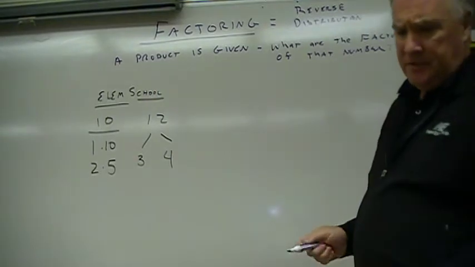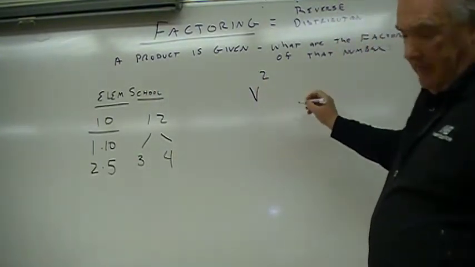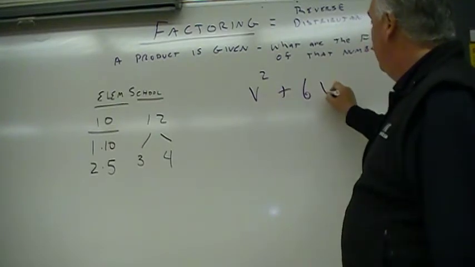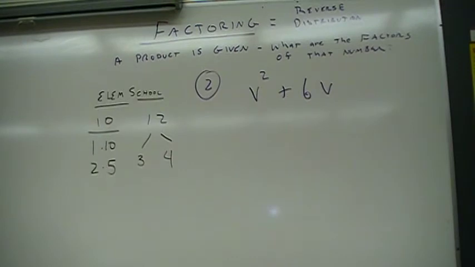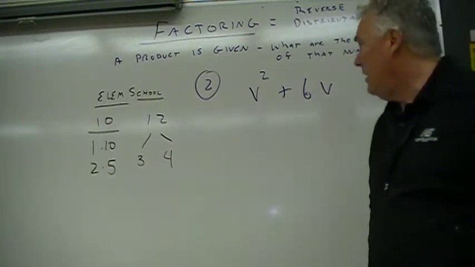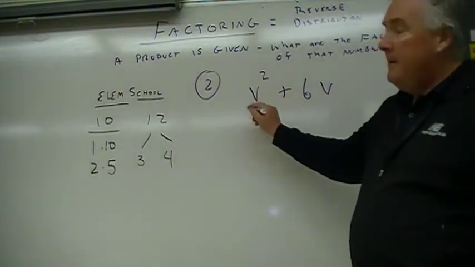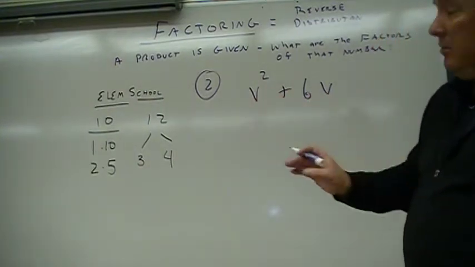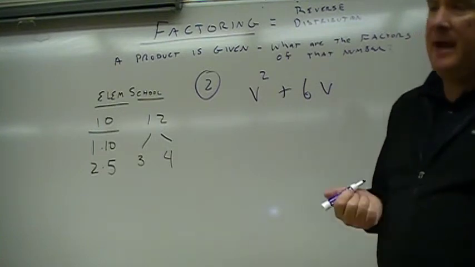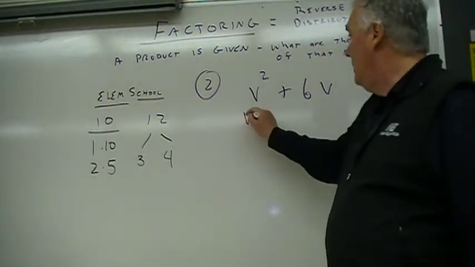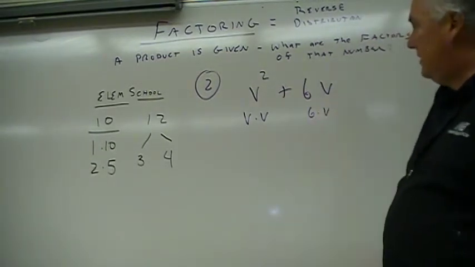So, next one. v squared plus 6v. This is number 2 on your notes sheet. v squared plus 6v. So what goes into both of these things? Well, this, and what I'm doing right now underneath, you're welcome to do, but you don't have to. I think you'll get into the habit that you don't need to. v times v, and then this is 6 times v.